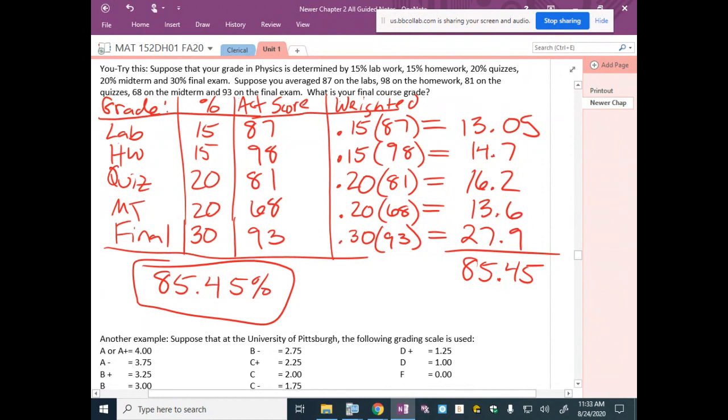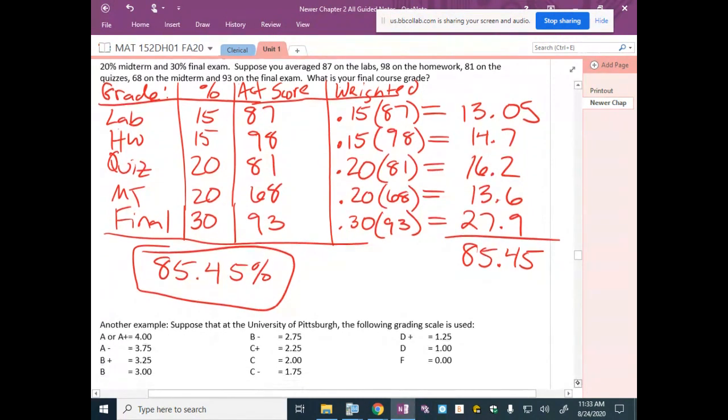Now, our grading scales here are much easier because we don't do plus-minus grades. Can somebody tell me, does ECU or NC State do plus-minus grades? I don't know. There's been the case for and against plus-minus grades.